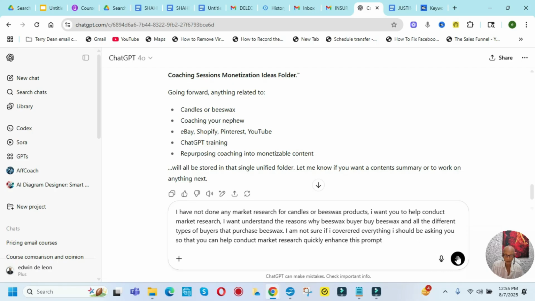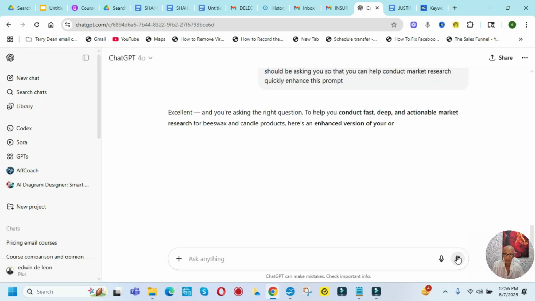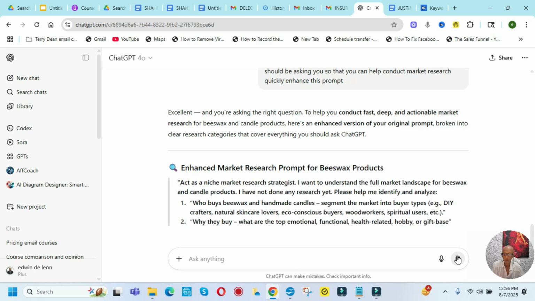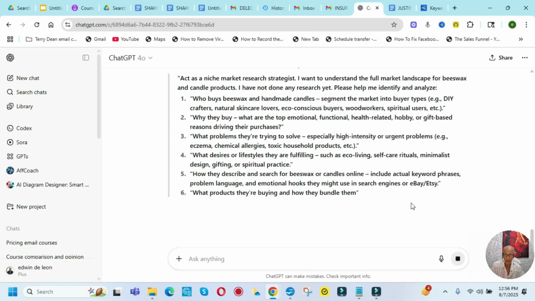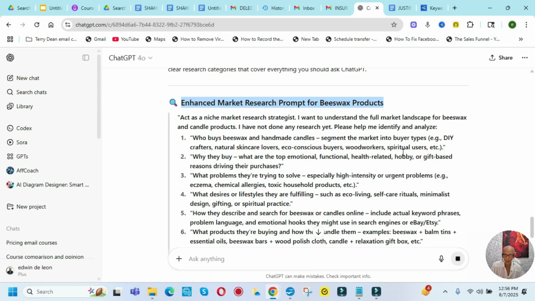Let's look at what it creates. Excellent. You're asking the right question to help you conduct fast, deep, actionable market research for beeswax and candle products. Here's an enhanced version of your original prompt, broken into clear research categories that cover everything you should ask ChatGPT. Okay, this is the updated prompt created by ChatGPT for my prompt, right?